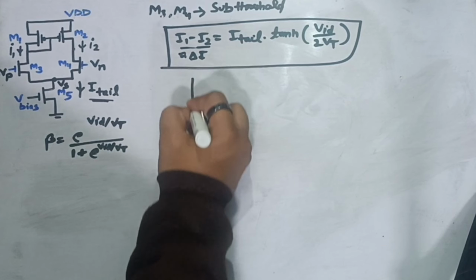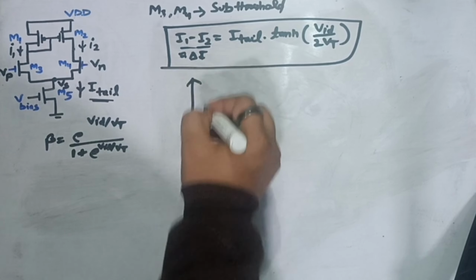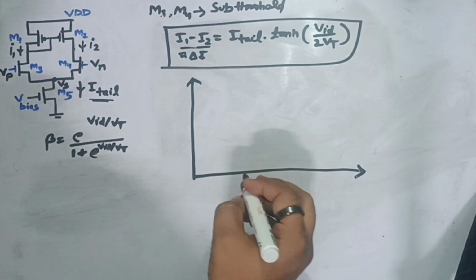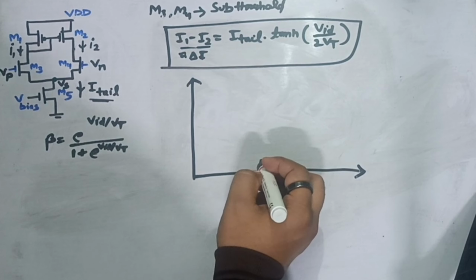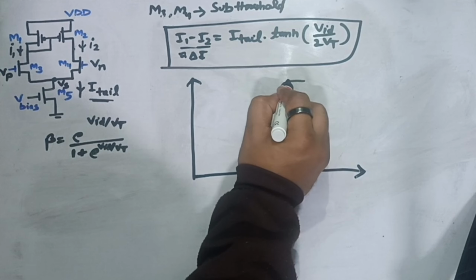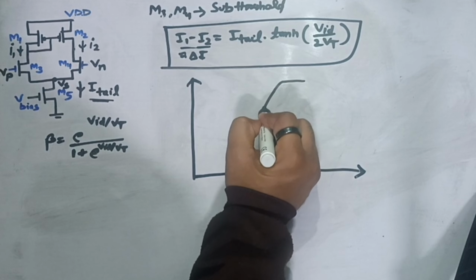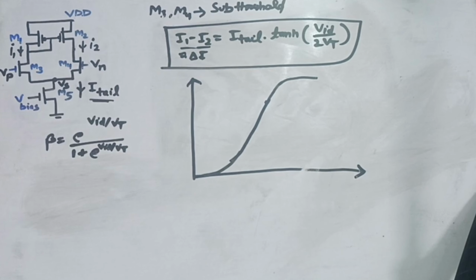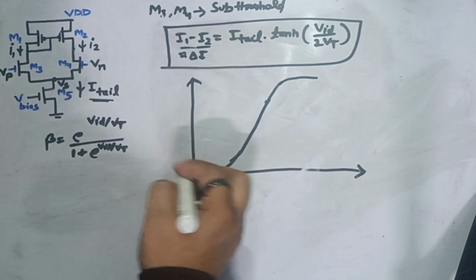If we plot delta I on the y-axis, and on the x-axis we put delta VD, the curve which will come here will be something like this. This is how the curve will look like. Now there are some interesting things which we can observe from this curve.